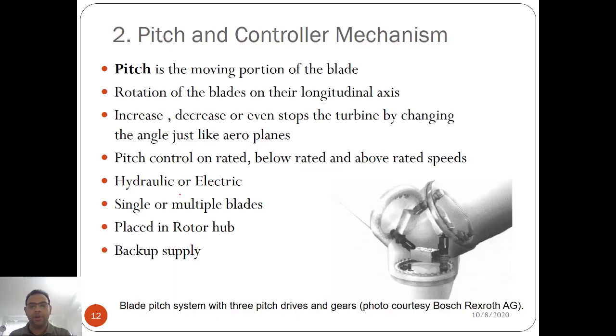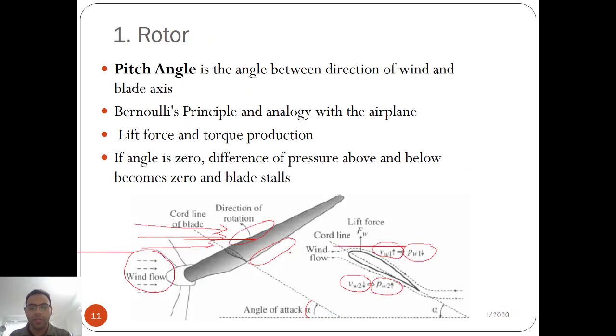Okay, now move to the second thing, which we call the pitch controller mechanism. So I defined this as the pitch angle. What will happen if I make this line exactly parallel to this line? This angle will become 0. The angle between this and this line will become either 0 or 180.